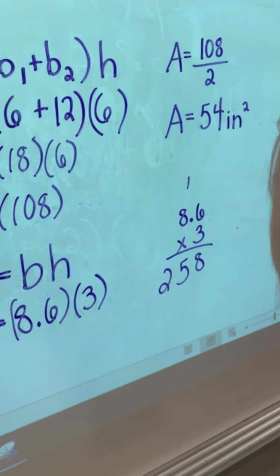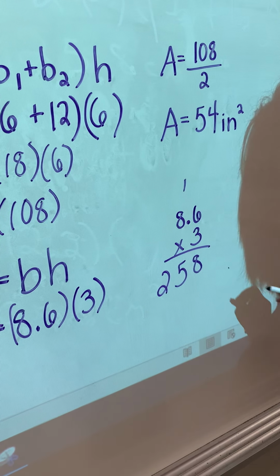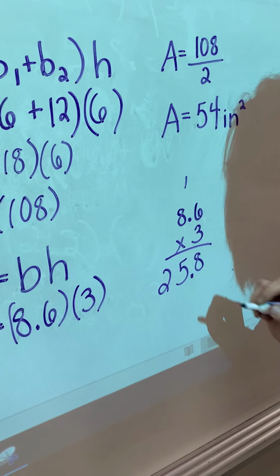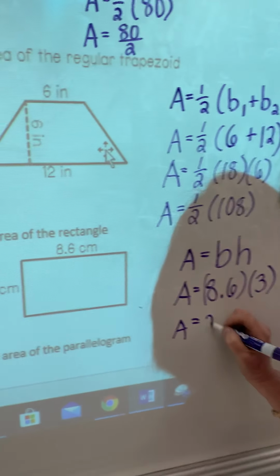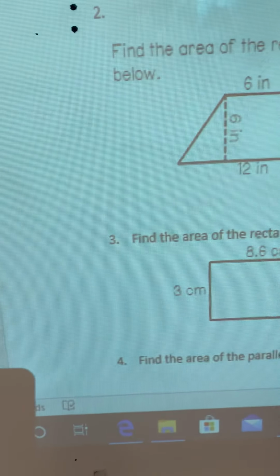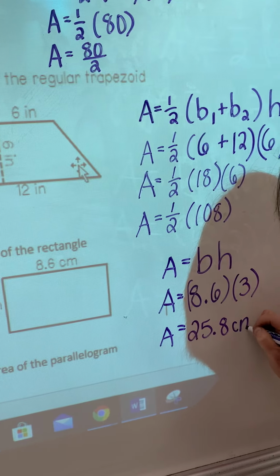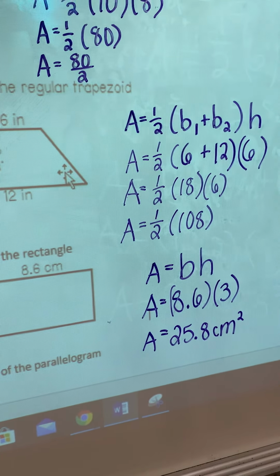If you'll notice in the problem, there is one number following a decimal, so it needs to match that in our answer. So my answer would be area is equal to 25 and 8/10, and I'm going to put in my unit, centimeters squared, or we tend to read it 25.8 centimeters squared.